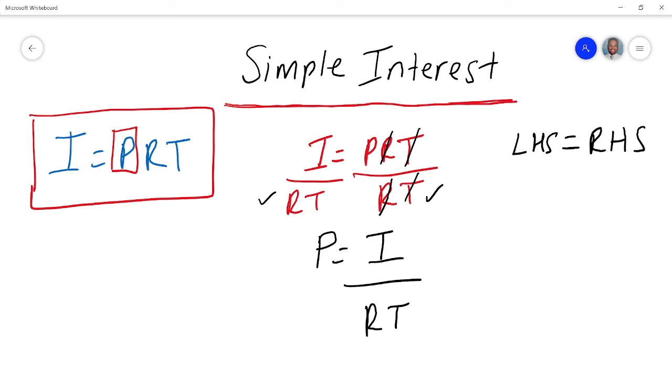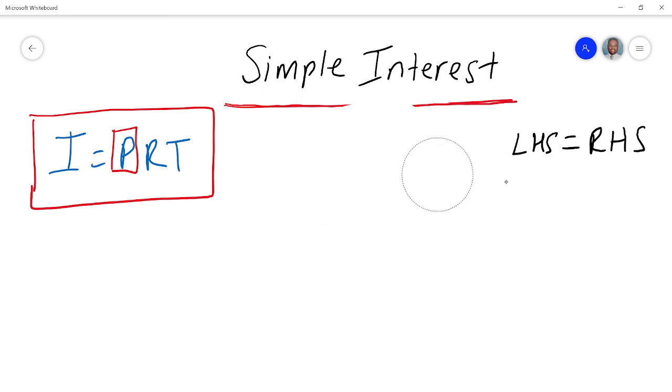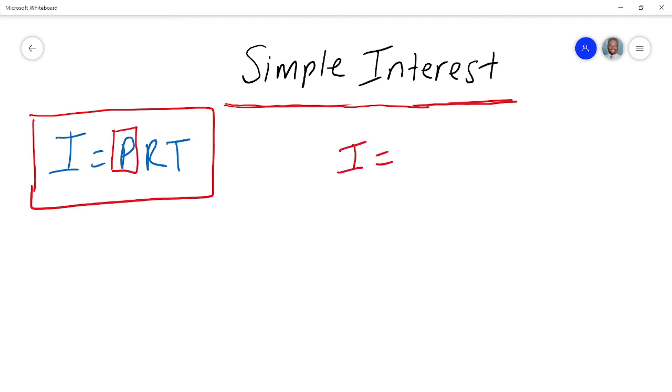Now, let's look at another situation where we want to make R the subject of the formula. We know I is equal to principal times rate times time.